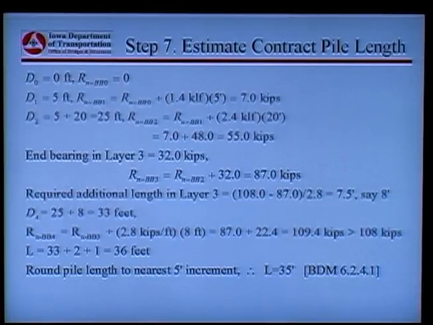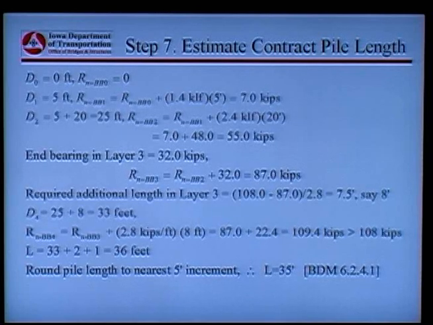But we want to know how far we need to tip into layer 3, right? So we can take the required capacity, which is 108, minus what we have up to this point, 87, and divided by the unit friction from layer number 3.